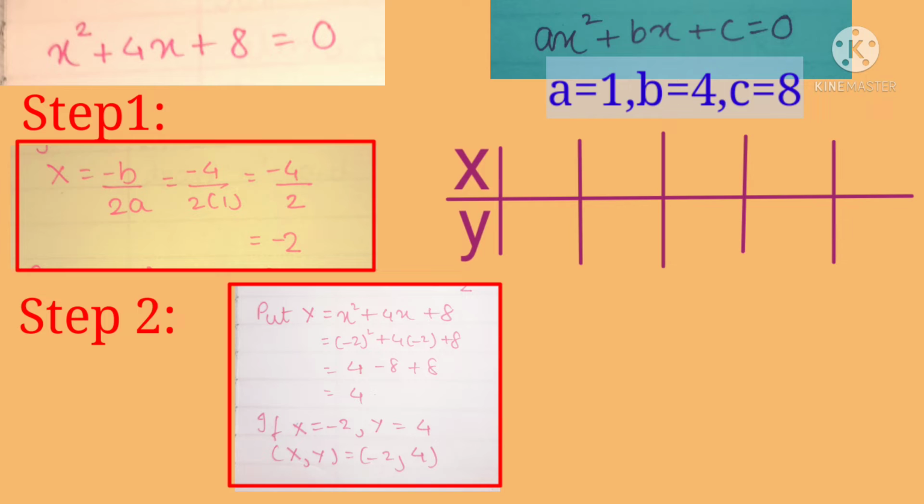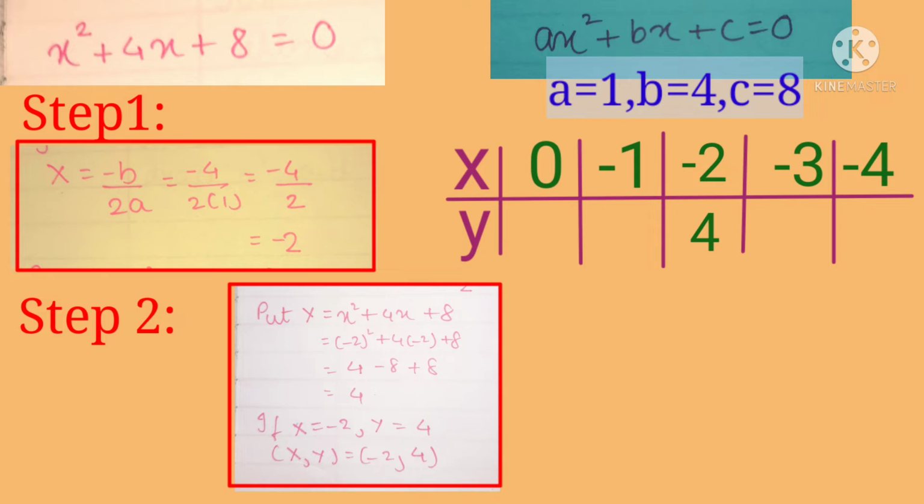Now we need to put it in a table form. x and y on the left-hand side, and the values we have received, minus 2 and 4, go respectively in the middle of the block. On the left-hand side and the right-hand side, two blocks will be left. So if we take x is equal to minus 2, then on the right-hand side take the other values, minus 3 and minus 4.